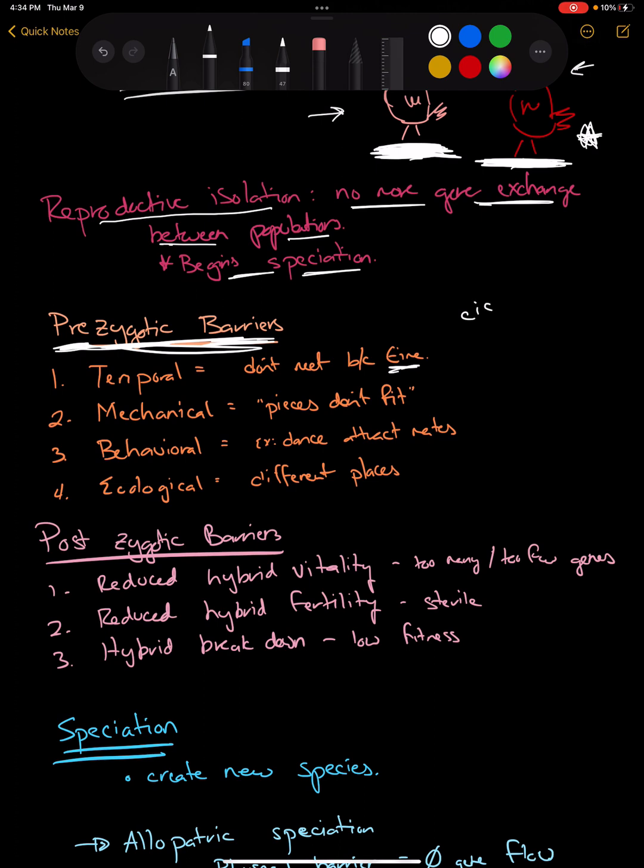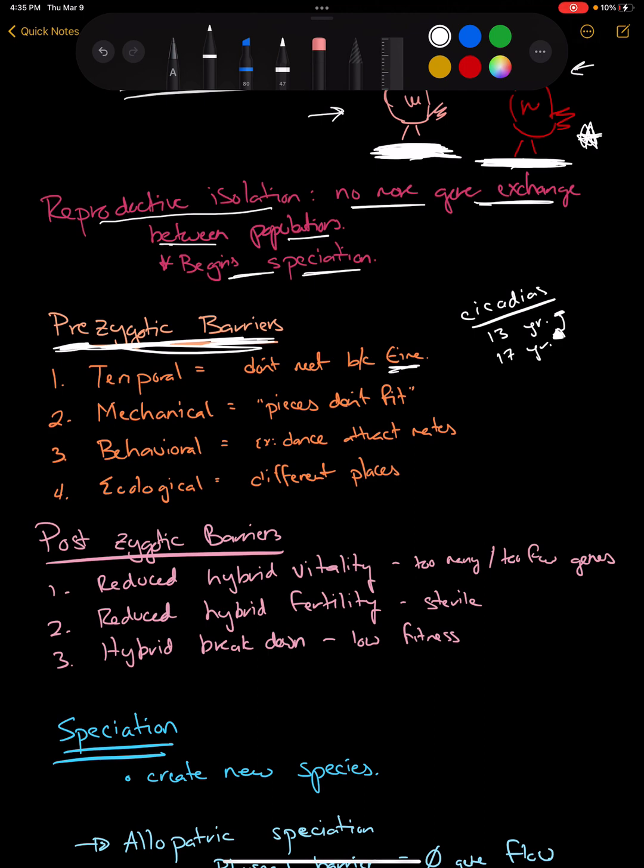And if you guys have ever seen cicadas, we have two varieties in our area. We have the 13-year cicada and the 17-year cicada. That means one comes up out of the ground every 13 years and the other one comes up every 17 years. Well, the one that comes up in year 13 will never have a chance to mate with the ones that come up in year 17.